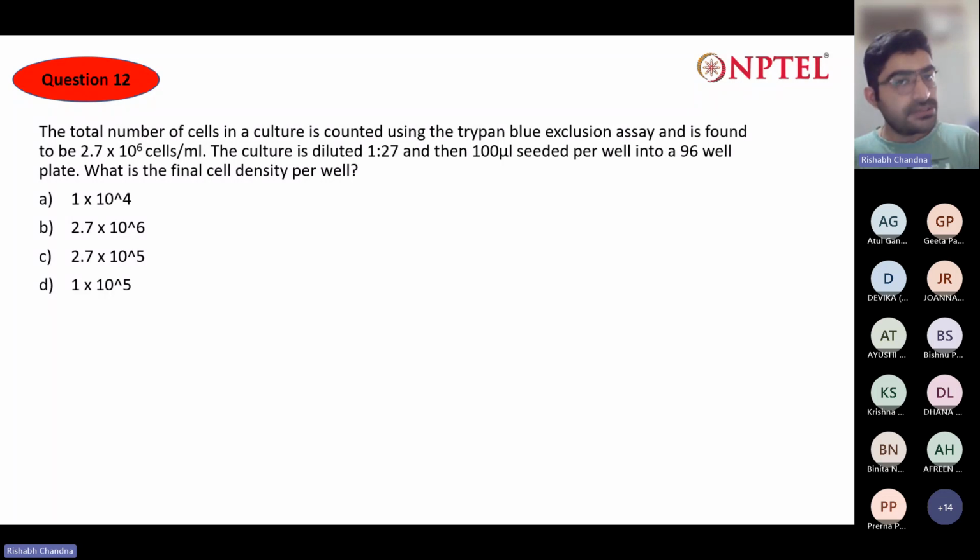Then the culture was diluted 1 in 27 times, and 100 microliter of the dilution was used to seed every well in a 96 well plate. So what is the cell density, or the number of cells present in each well after adding the 100 microliter of the diluted solution? Can anyone please try this question and then we'll discuss.